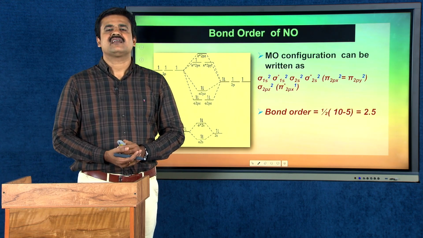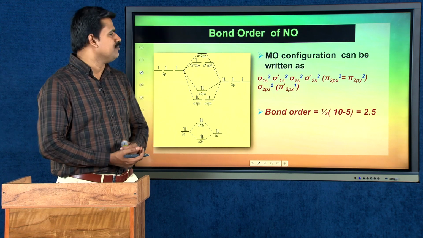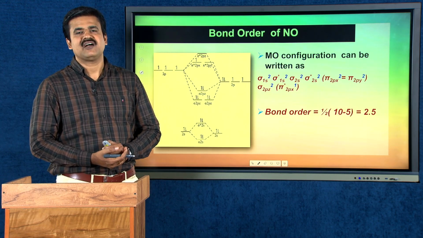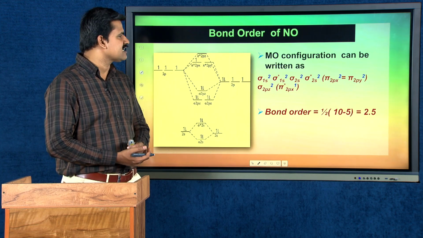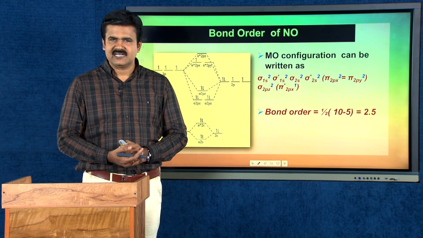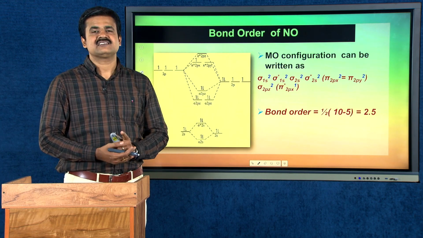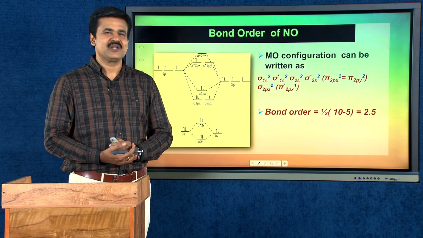Now, we can calculate the bond order. The bond order is equal to half into the number of bonding electrons minus the number of anti-bonding electrons. Here it is clear that the number of bonding electrons is equal to 10, and the anti-bonding electrons, which are present in the starred orbitals, are antibonding molecular orbitals.